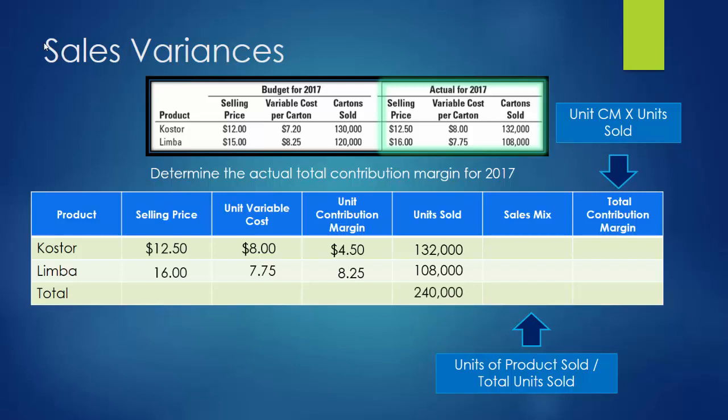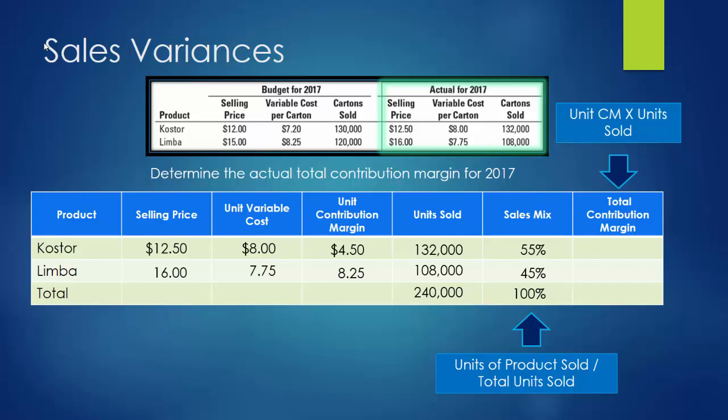Well, what was our actual sales mix? Take the amount sold for each line, divide it by our total sales. It gives you the percentage of total sales that came from that line. Costor, 132,000 divided by the 240,000 units that we sold means that 55% of our sales came from Costor cartons. And using the same math, we'll have 45% of our sales come from the Limba cartons, and that accounts for all 100% of our sales.